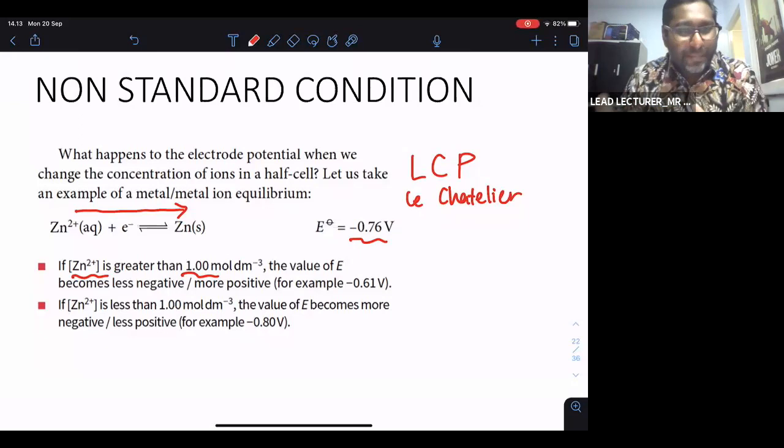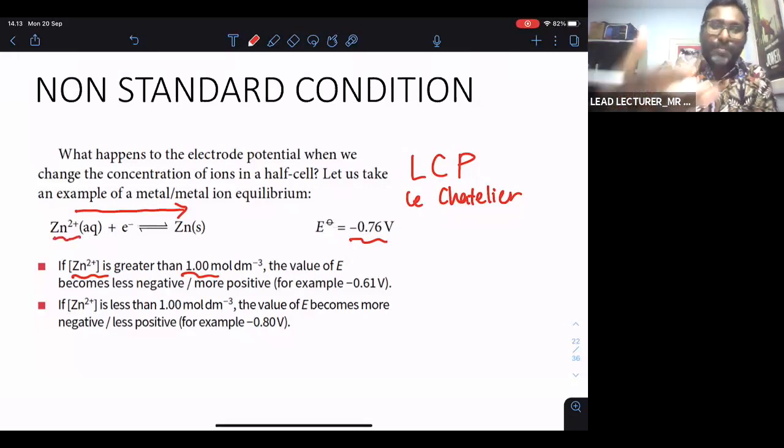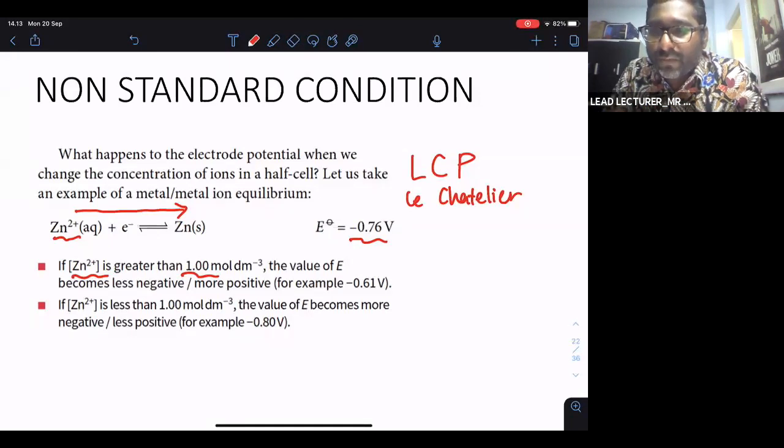Okay, anyway, let me explain again. If you have, let's say for example, zinc 2 plus is going to be more, what am I expecting? According to LCP, I am expecting the position of the equilibrium to be shifted to the right.